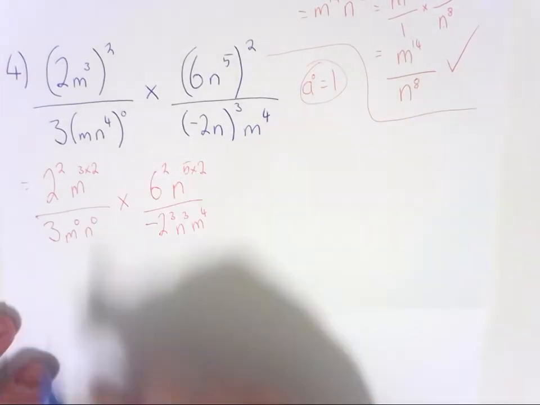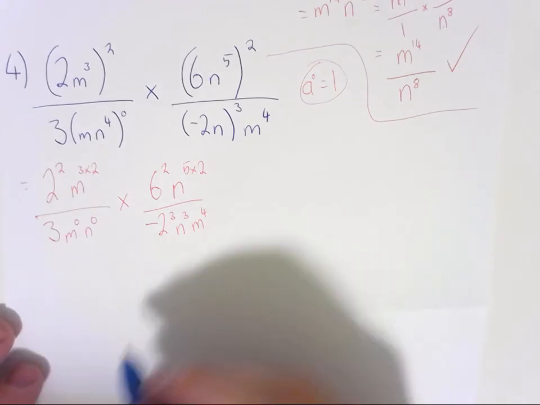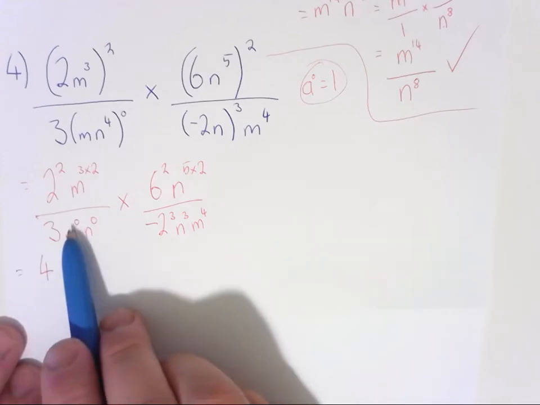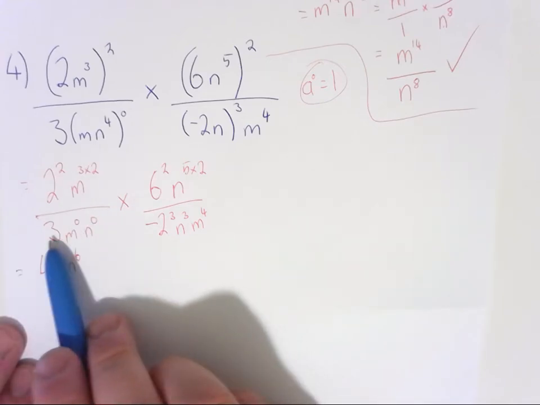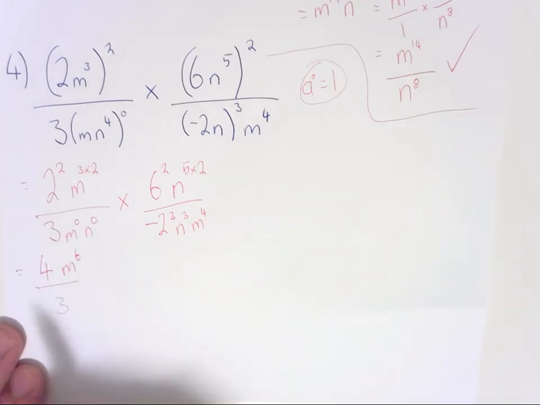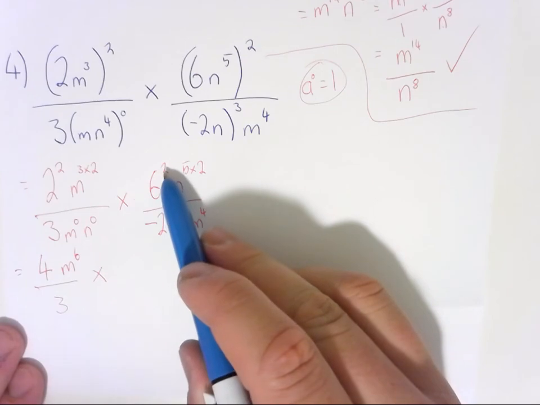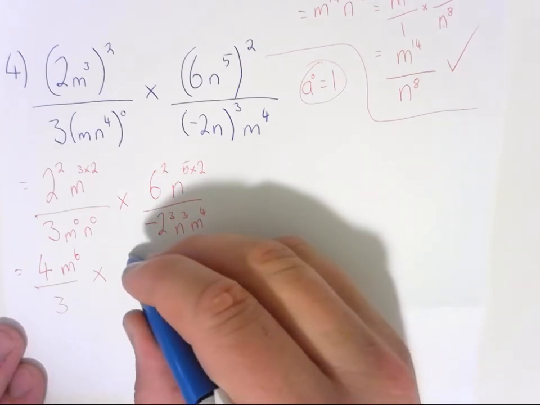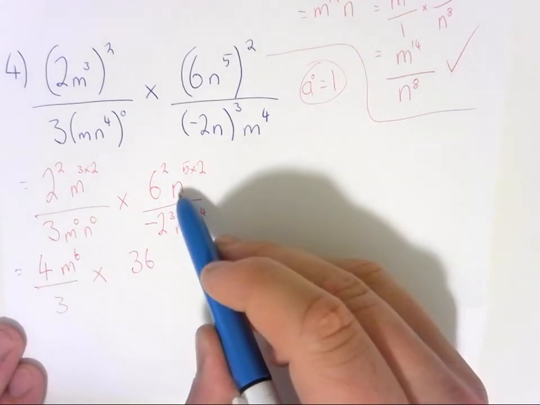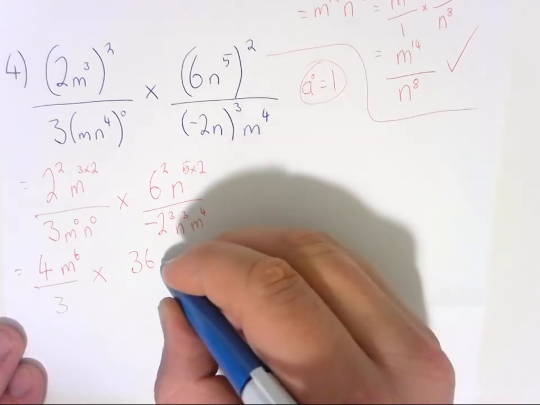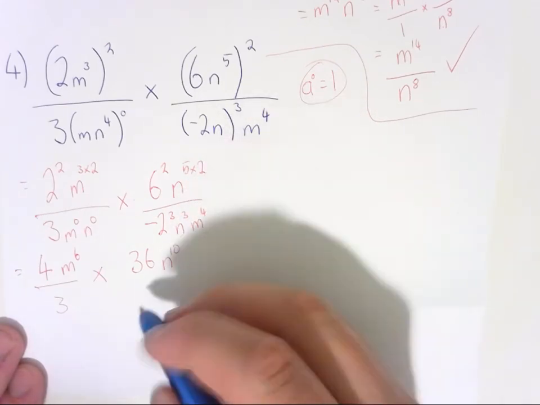Alright, now let's simplify that to make it look a little bit nicer. So 2 squared is 4, 3 times 2 is 6. Now again, m to the 0 and n to the 0, they're both 1, so this just becomes 3. Just like that. Times 6 squared is 36. And n to the 5 times 2, we know 5 times 2 is n to the 10.